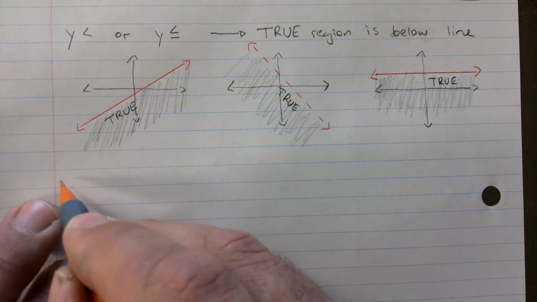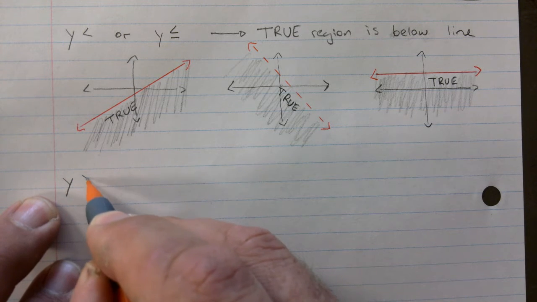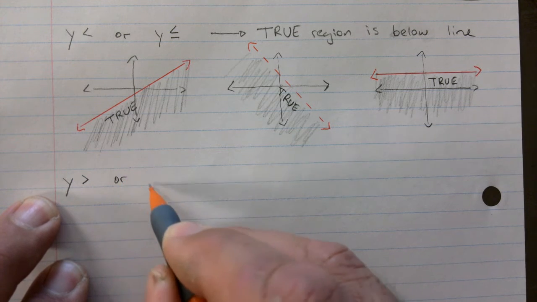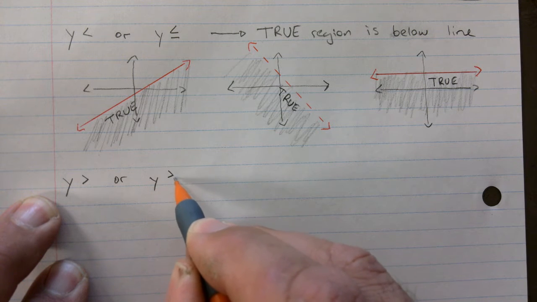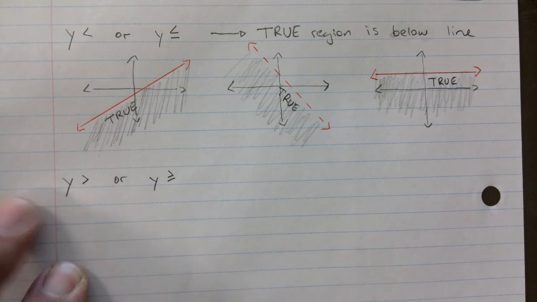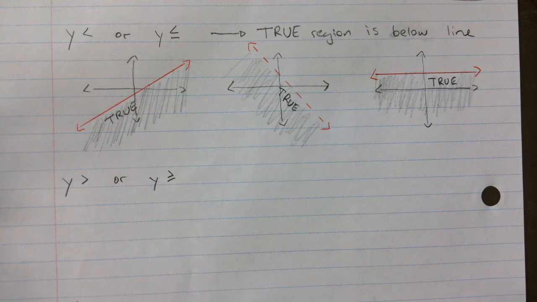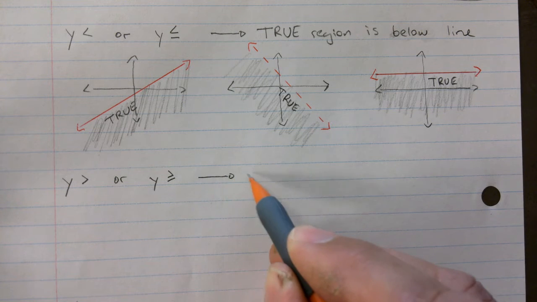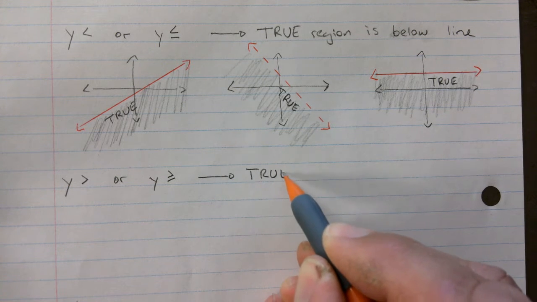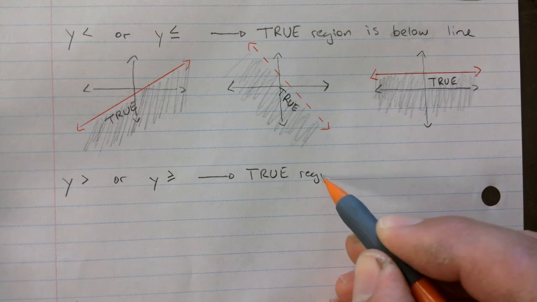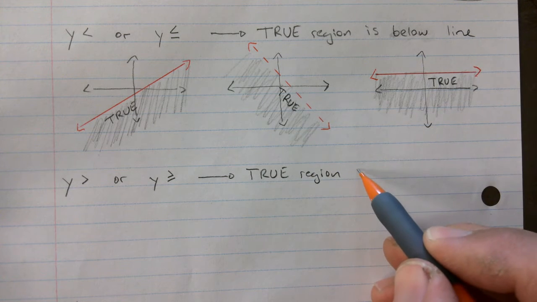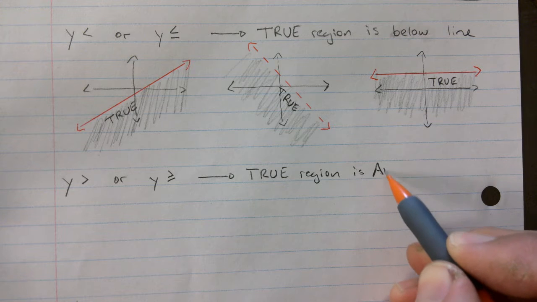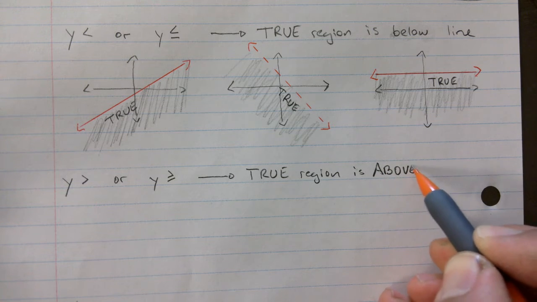And so if you have y is greater than, or y is greater than or equal to, then it's the exact opposite. True region is above. Maybe I'll capitalize that too.